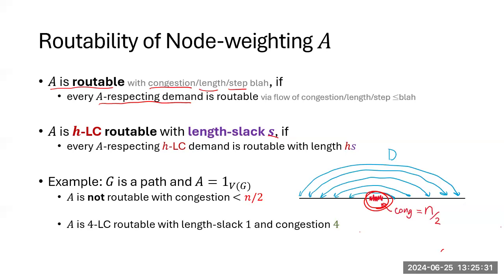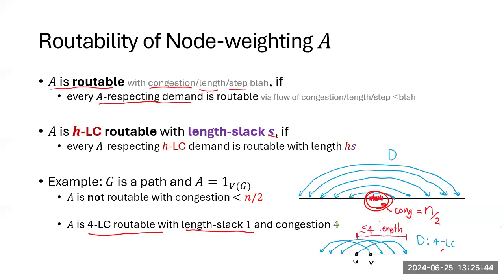But in this graph, A is length constraint routable with length slack just 1 and congestion just 4. Why? Because when you look at a demand that is length constraint, the demand is only between nodes with distance at most 4, if it's 4 length constraint. Then if you look at any edge UV, the total demand that can cross any edge UV in this path is going to be at most 4.